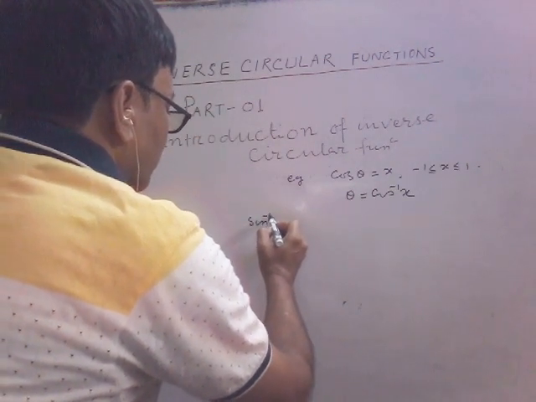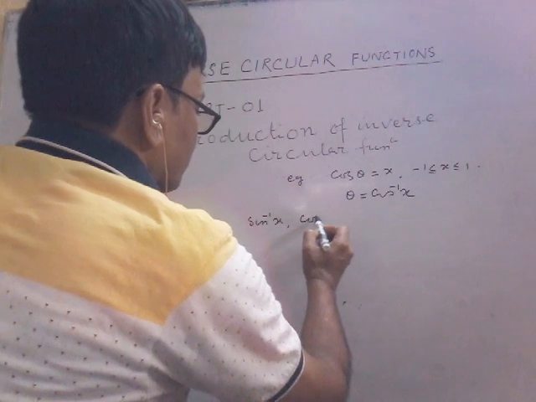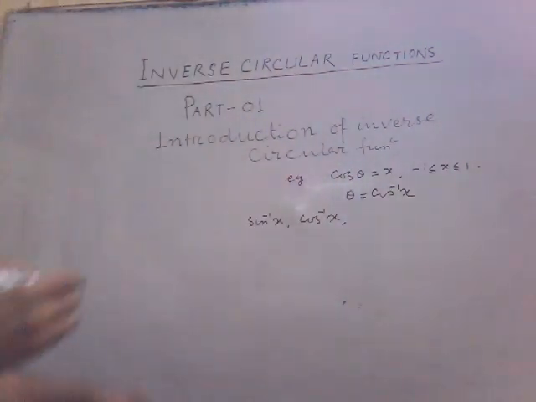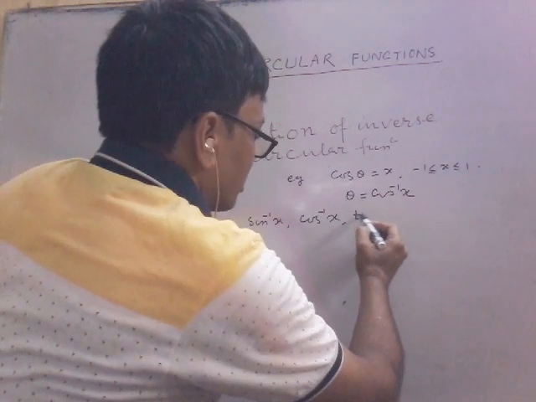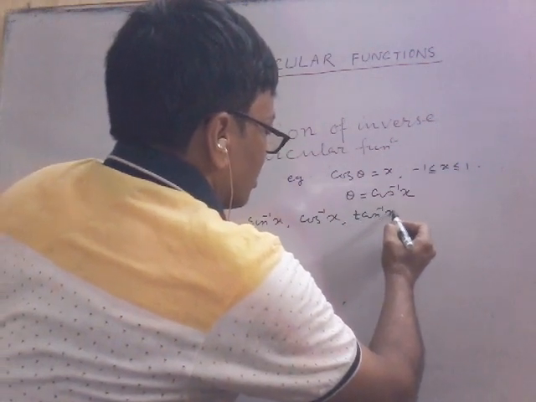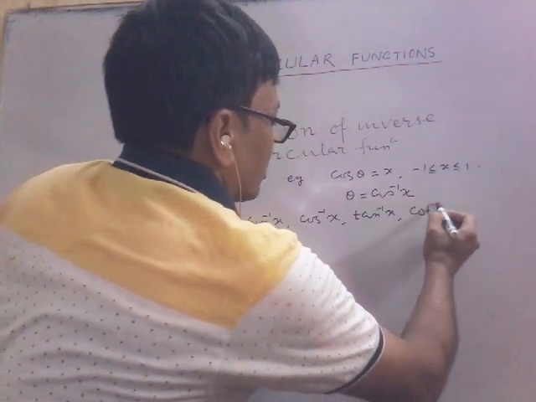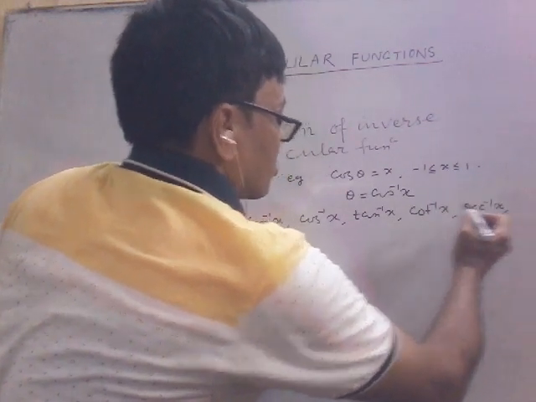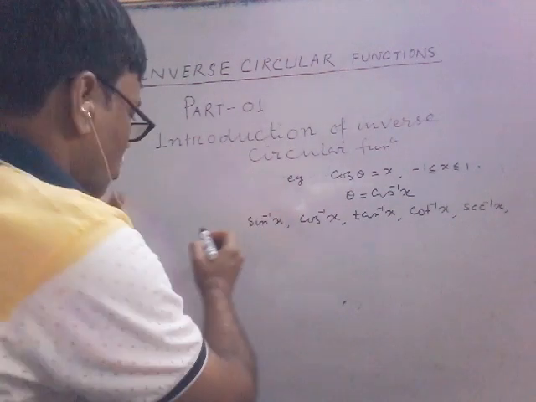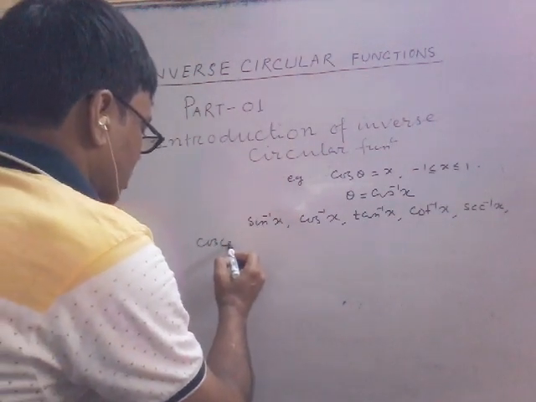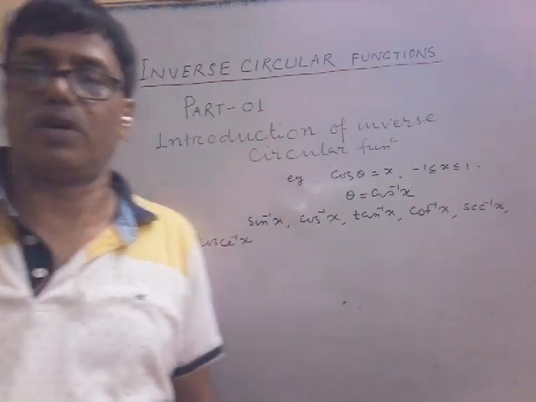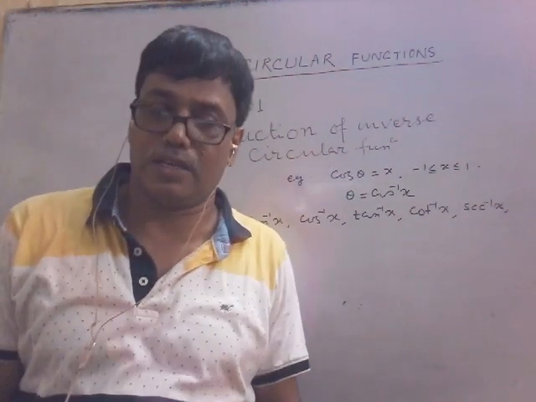Therefore, sin inverse x, cos inverse x, tan inverse x, cot inverse x, sec inverse x, cosec inverse x, these 6 functions are known as inverse circular functions.